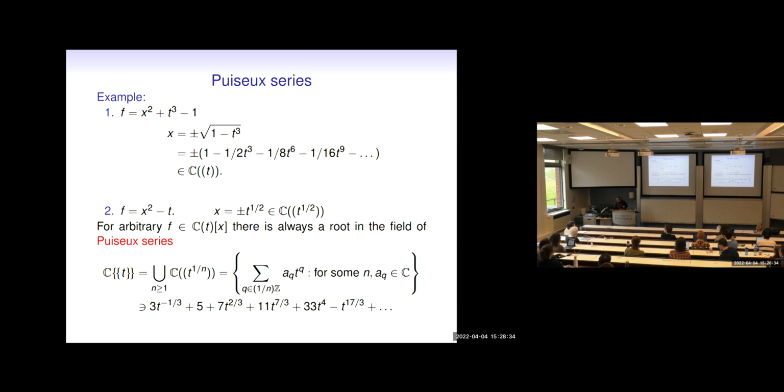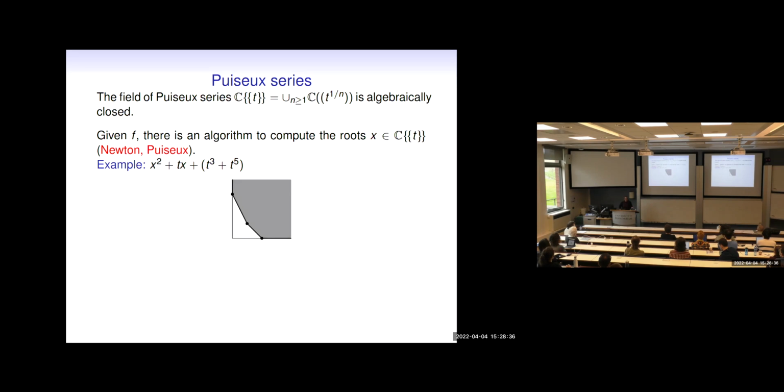This goes back originally to Newton, who discovered this first, I think, which at least Wikipedia claims was in 1676, and it was rediscovered by Puiseux. We're starting to think about fields in this fashion in the middle of the 19th century. And if I give you a polynomial, we have an algorithm to compute these Puiseux series fields.